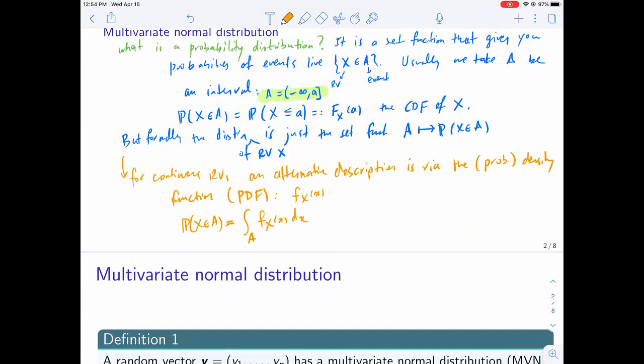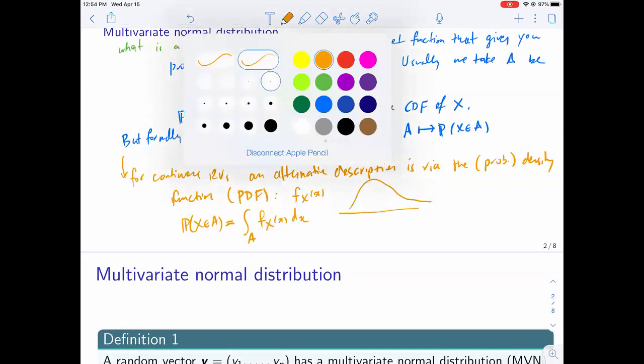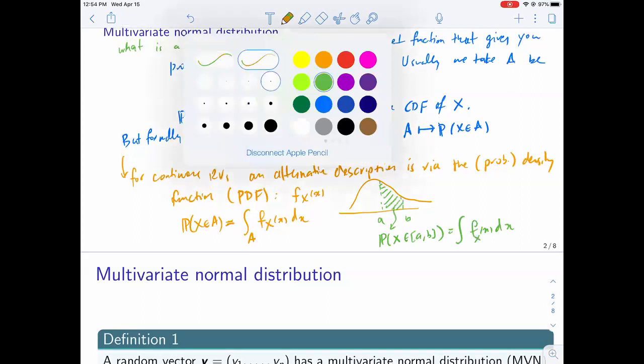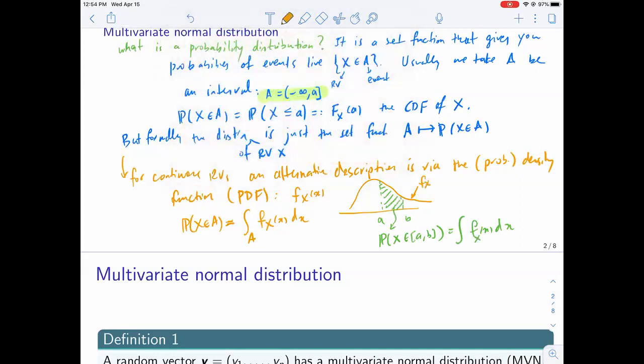So basically it is the area under the curve. If I have a distribution like that, with this point A and this point B, and I integrate, I get the area here. So this would be the probability that X is in a to b, which is the integral of f of x dx. That's the plot of f of x versus x.